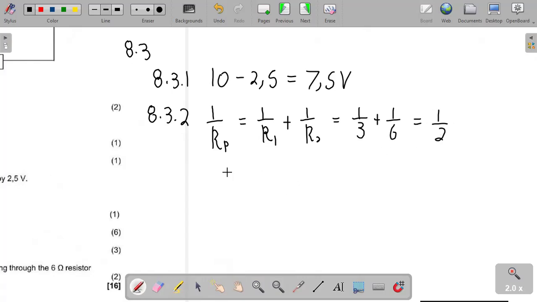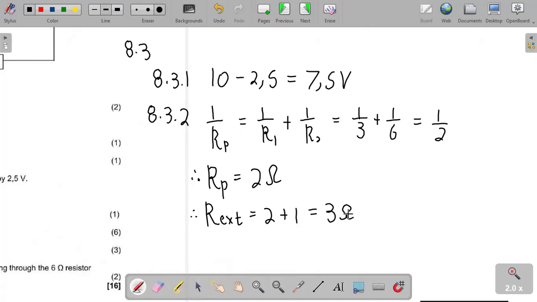So this is 1 over R. So this means, therefore, Rp would be equal to 2 ohms, which means, therefore, R external would be equal to 2 plus 1, which is equal to 3 ohms. Okay.